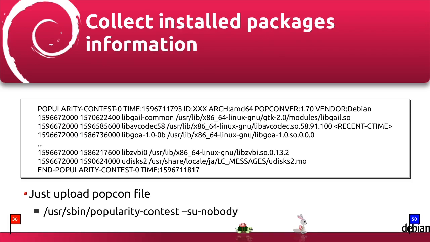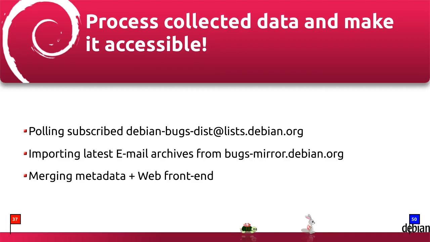It's useful to check recently used packages. After collecting these information, updating package information is required regularly. I've used Debian bug dist variant list as a trigger to update and import it into database.